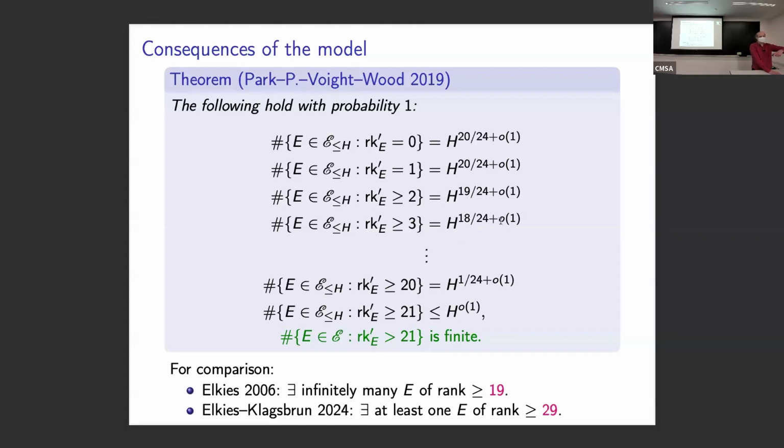But if you go one step further, the model predicts there should only be finitely many, because the heights are growing too quickly, and as a function of the height it becomes extremely unlikely that these very large height elliptic curves will have high rank.